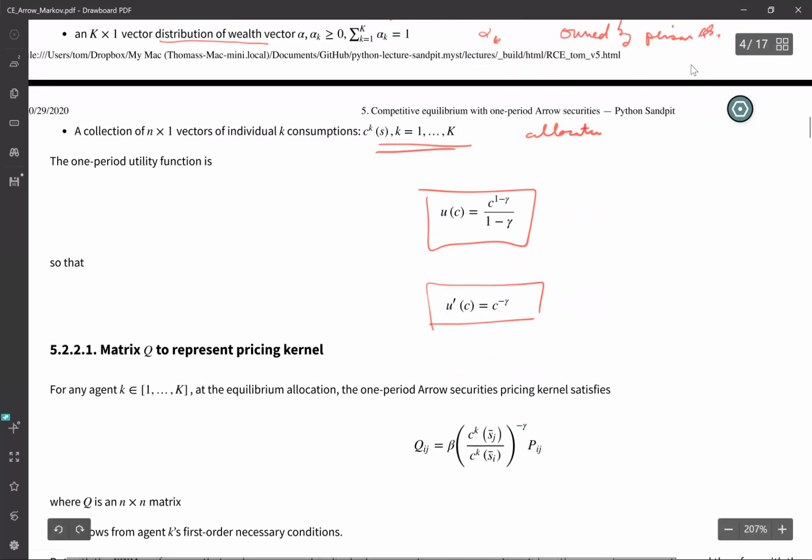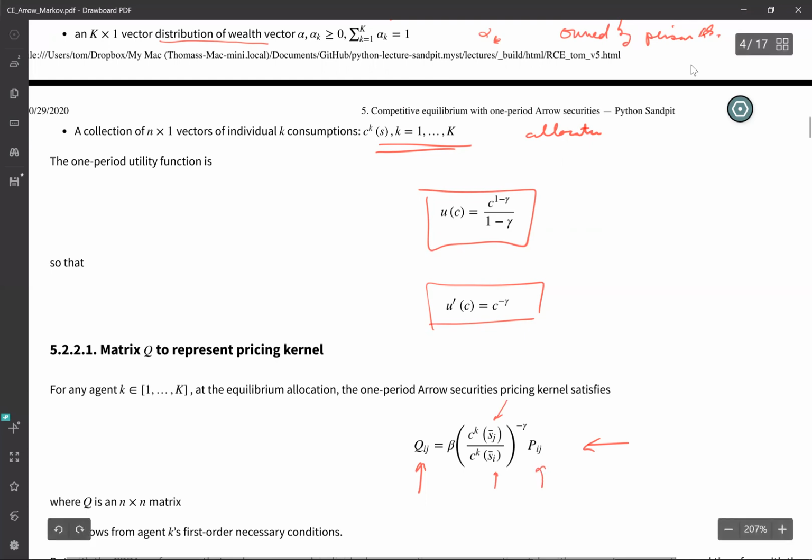So one thing that we derived was the first order conditions for a household trading Arrow securities are going to be of this form. What the household does is he takes Q_ij as given, and adjusts his choices of consumption in state j and in state i to satisfy this relationship.